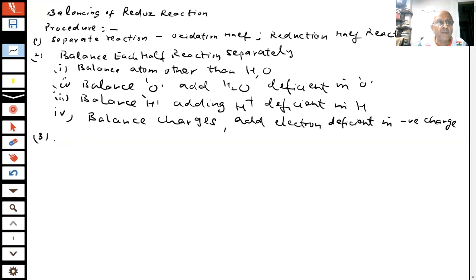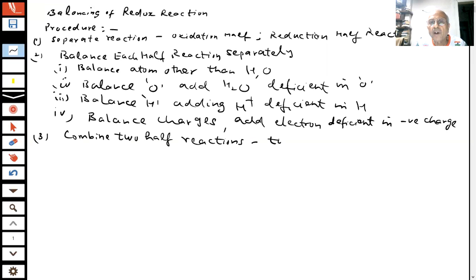What is the third step? Then you have to combine the two half reactions.